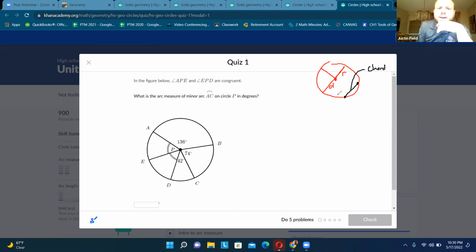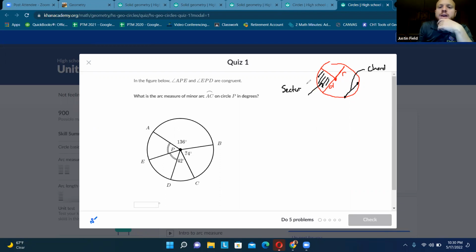Also, we have a sector of a circle. A sector of a circle is like a pizza slice. And we have arcs on the circle. Arc is like going around the circle. So the chord's going across the inside of the circle.